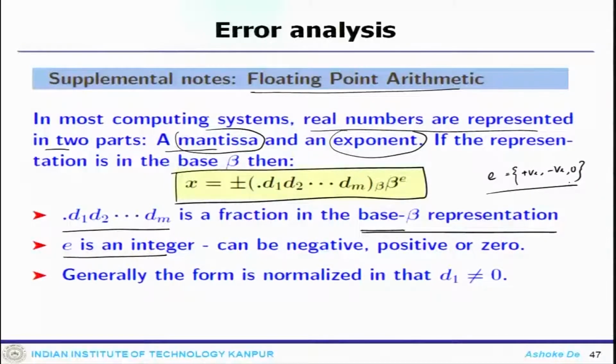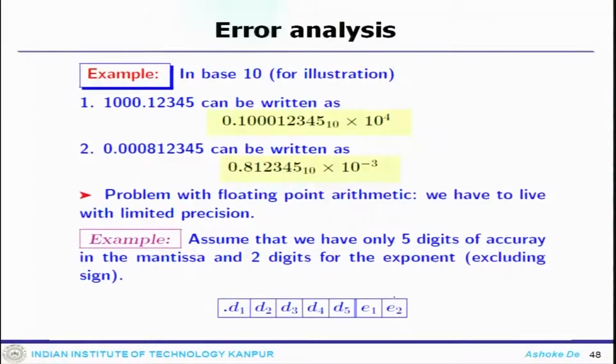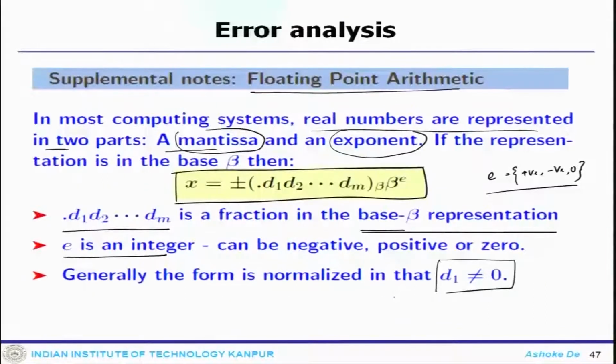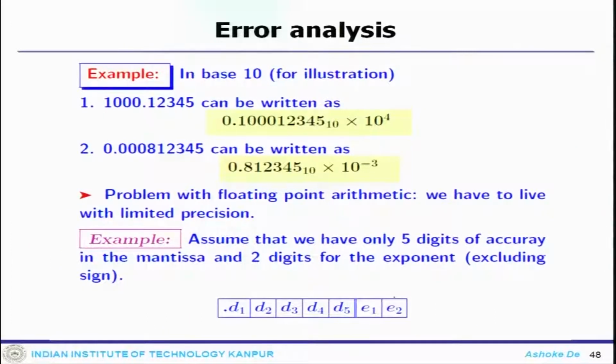So, another thing is that the form is normalized, in that d1 is not 0. As I said, we will pick some examples to look at the previous expression of mantissa and exponent for floating point arithmetic.